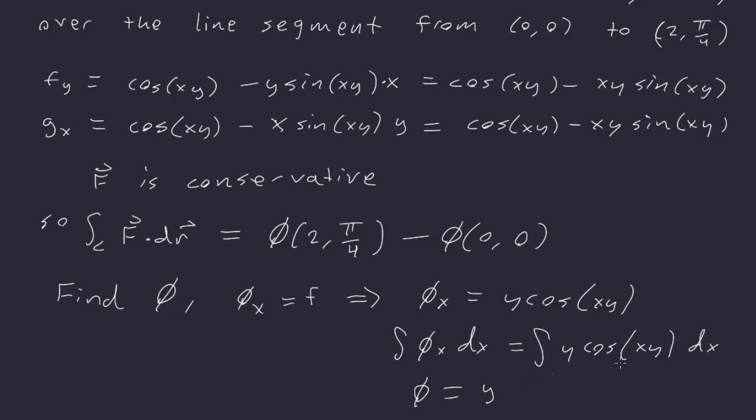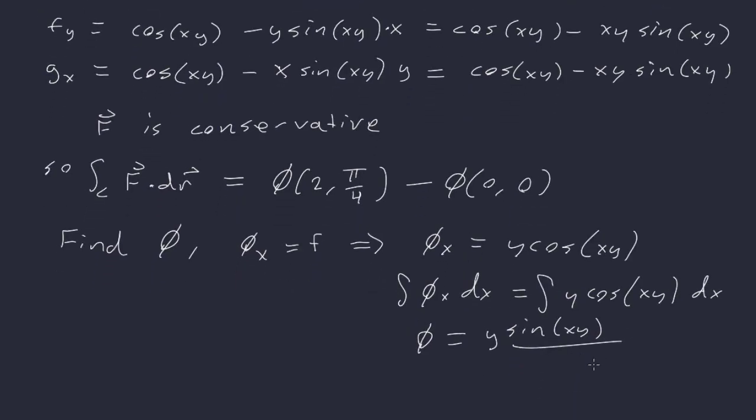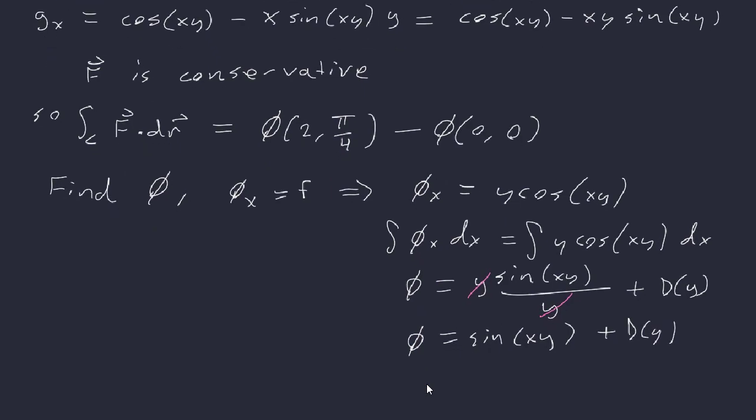Okay, so our phi is going to be y, then the integral of cosine will be sine of xy divided by the derivative of xy with respect to x in this case, and that will be y. So the y's cancel, and we need to put a plus d of y. Okay, so phi is sine of xy plus d of y.